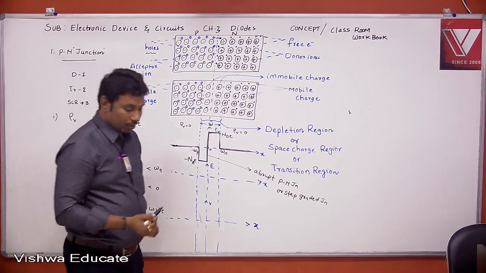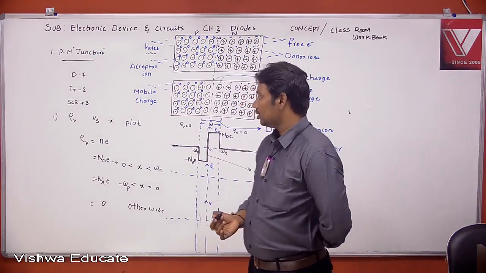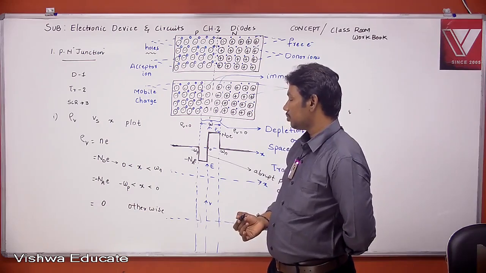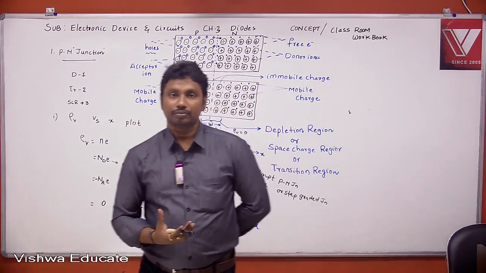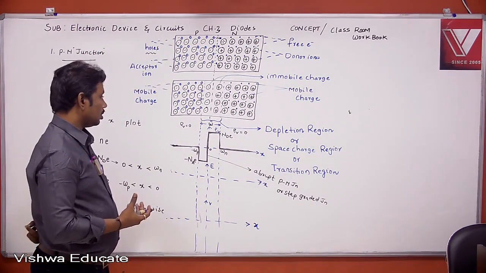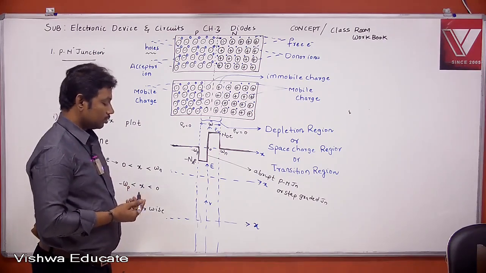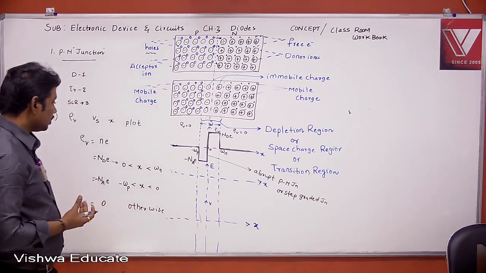Right, on the points. Case 1, the first charge density versus distance plot. Outside the depletion region, the charge density is 0, because of charge neutrality.